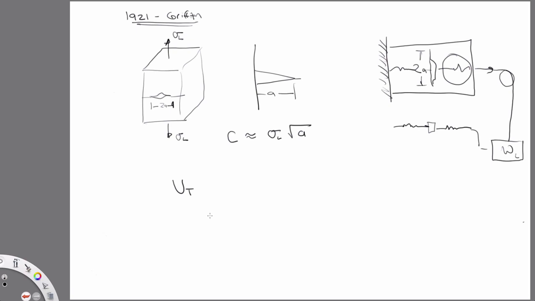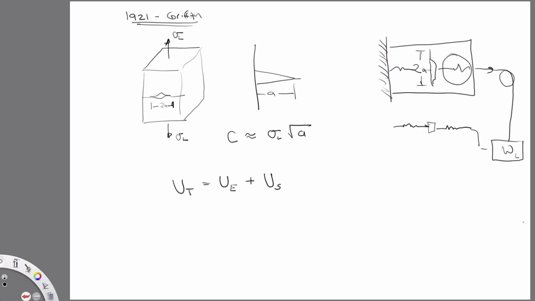So if we're going to write down basically an energy balance, so the total energy in this mechanical system over here has some energy associated with the elasticity of the material, right? Plus some energy associated with creating new surfaces of the crack, right?